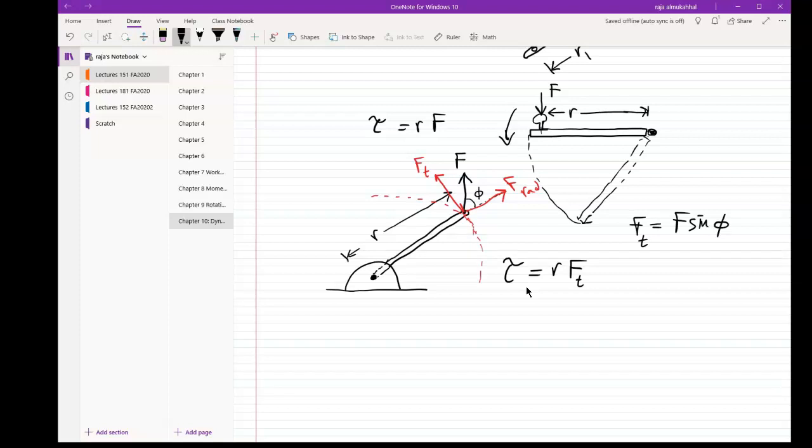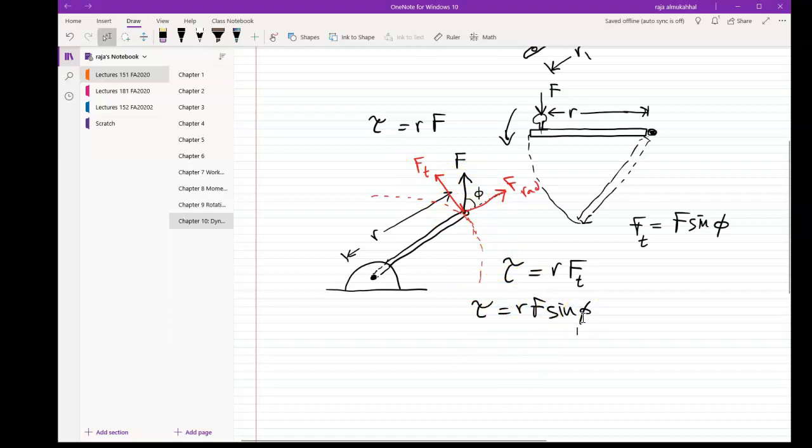See that? So the torque in this case is RF sine phi, assuming that we know what phi is, and of course assuming that we know the value of this force F. So the torque is actually just the tangential component of that.